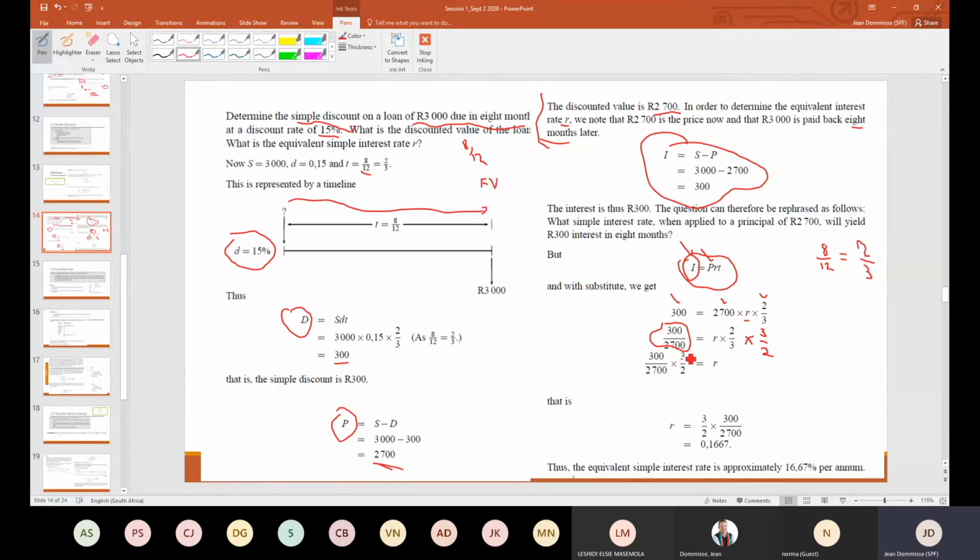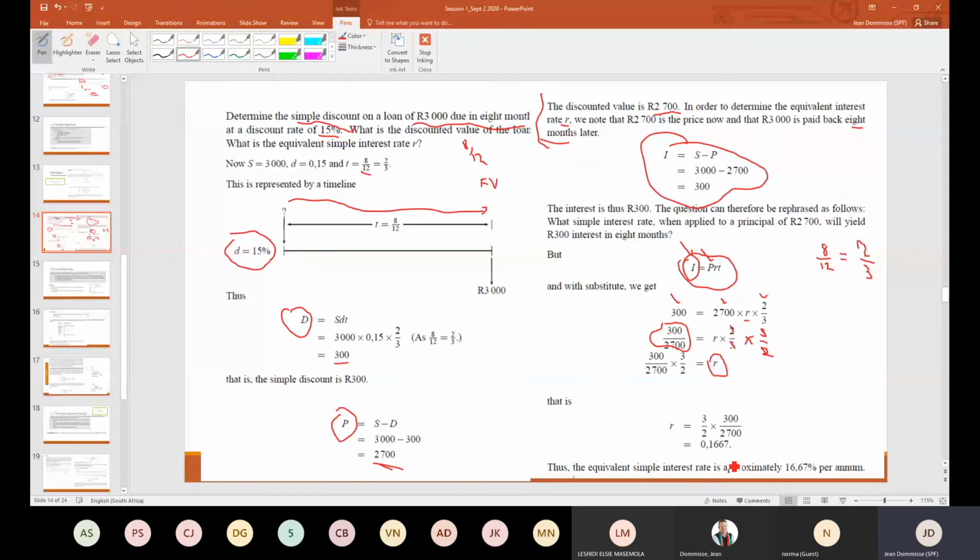So the 2's will cancel out, and the 3's will cancel out. So on this side we end up with R, and then you have 300 times 3 divided by the 2,700 times 2. And that will give us 0.1667.